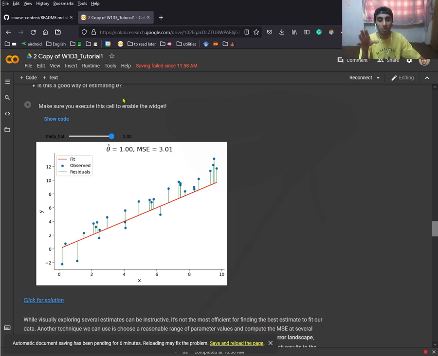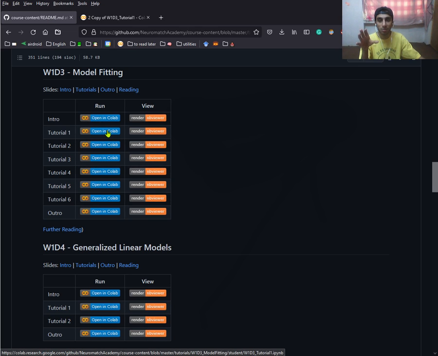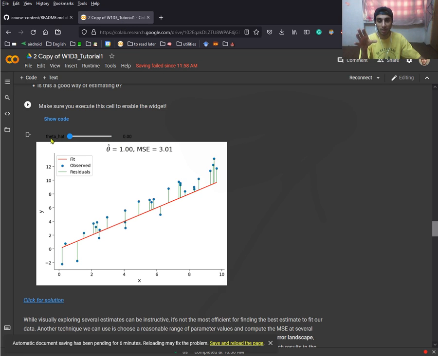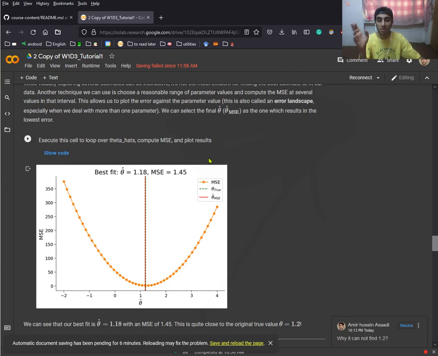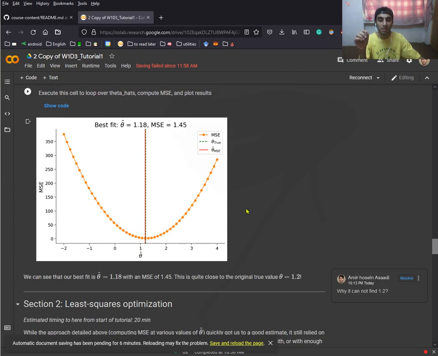And as I told you, go to this link, tutorial 1, and run it by yourself. And if you choose a very low theta hat, for example 0, it will give you also a large MSE for that. And here they have a very nice figure. They tried very different theta hats.